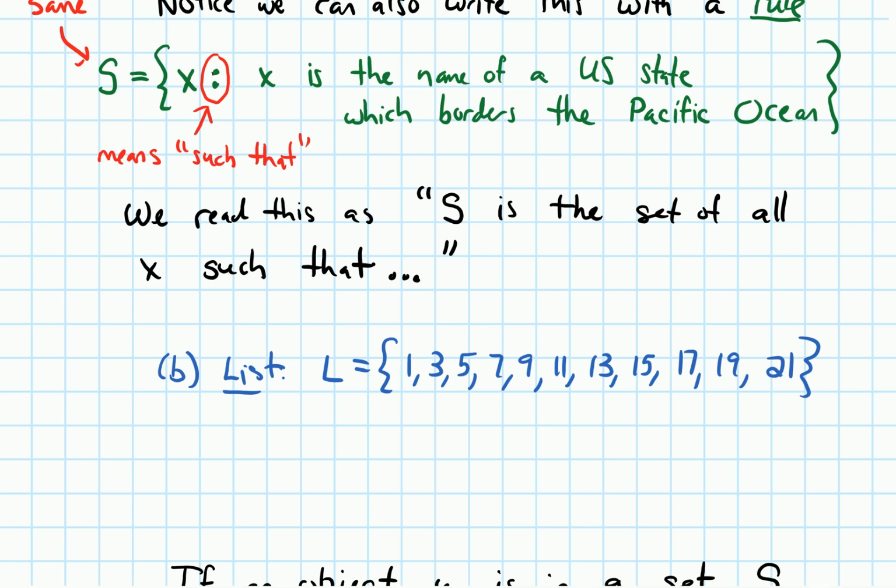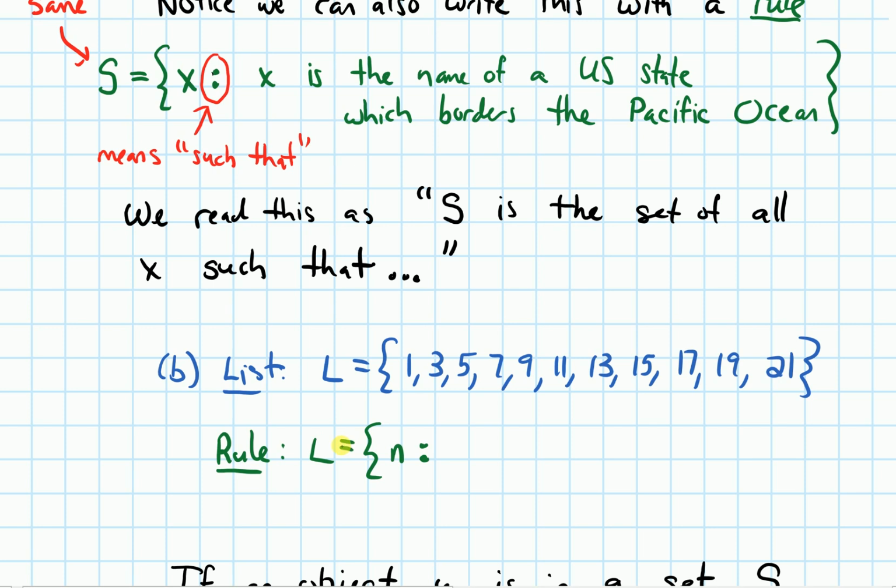I could also describe this as a rule. And sometimes it's beneficial, especially when my set has a bunch of elements and it's easy to describe them with a rule. So the rule to describe these would be something like, maybe I'll assign the variable n this time to refer to all the elements.